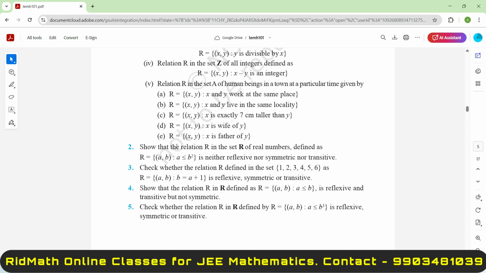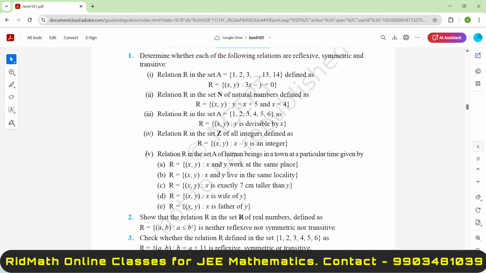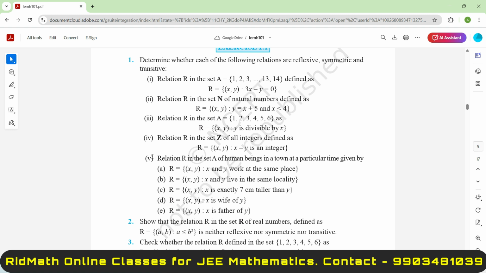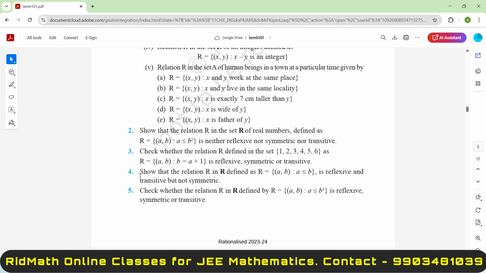If you cannot do it, then I will solve it. So now try to solve questions 2 to 5, and if you have any problem in question 1, tell me, I will solve it. I am giving some time to do these exercises. Take your time and solve it.